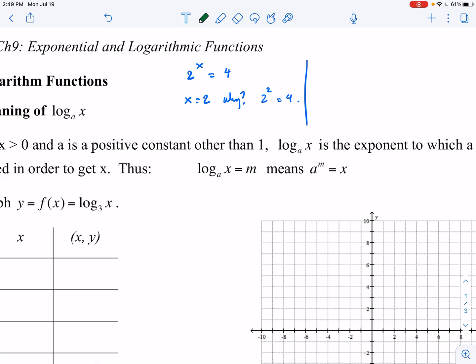But what if we have an exponential equation such as this here, where we try to find x such that 2 raised to x equals 3. Well, you may think this is kind of hard to figure out. There's no whole number such that 2 raised to it gets 3, because 2 to the first is 2, right?